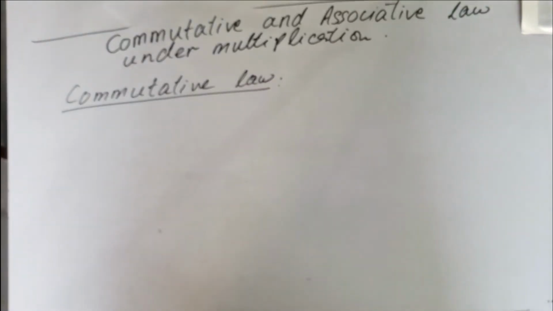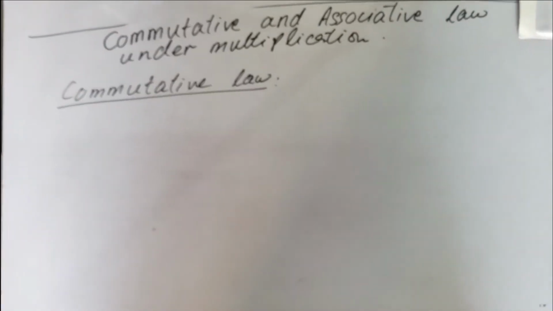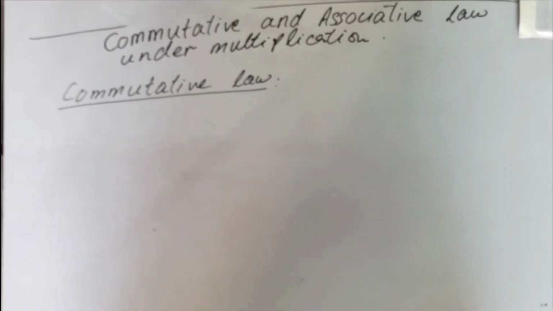Okay my dear students, this is commutative and associative law under multiplication. So here we are going to discuss about the commutative law first. What is commutative law?